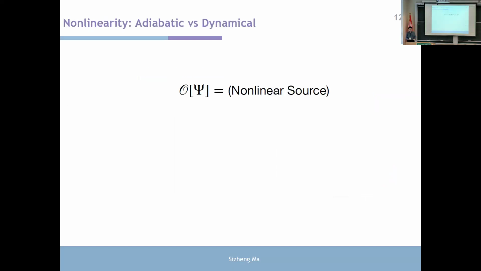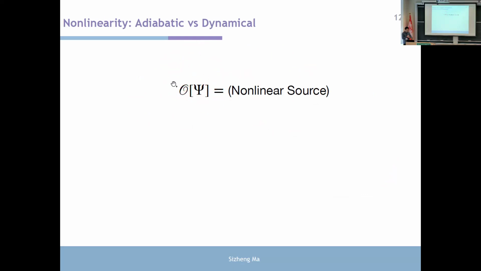Let's take a step back and reveal the physical insight behind this. Schematically, the black hole dynamics is given by the Teukolsky equation driven by a nonlinear source, and importantly, the left-hand side is identical to the linear operator.